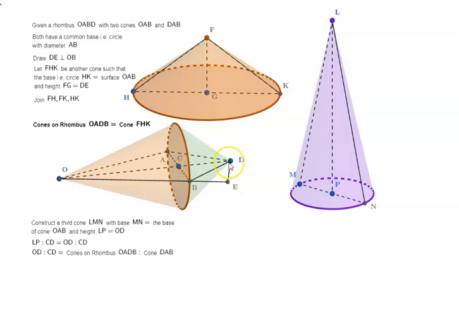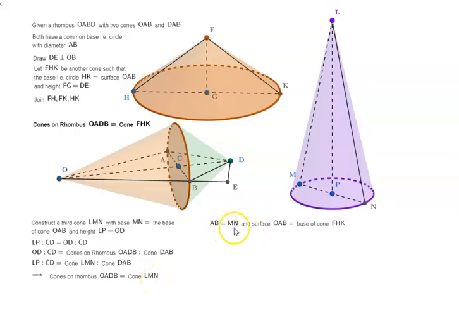OD is to CD is equal to the cones on rhombus OADB is to cone DAB, and LP is to CD is equal to cone element is to cone DAB, which implies that cones on rhombus OADB is equal to the cone element.